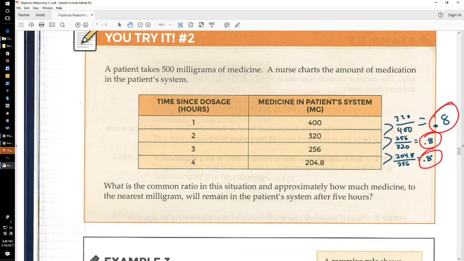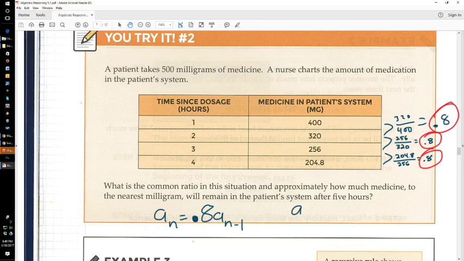So the rule for whichever A I want, I take the one before it and I multiply it by 0.8. Okay? So in this case, I want number 5.